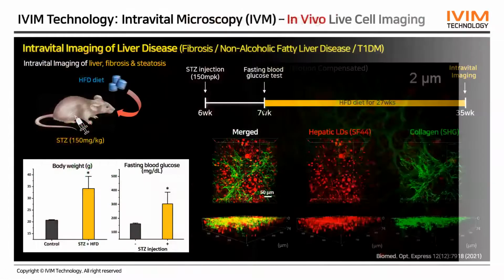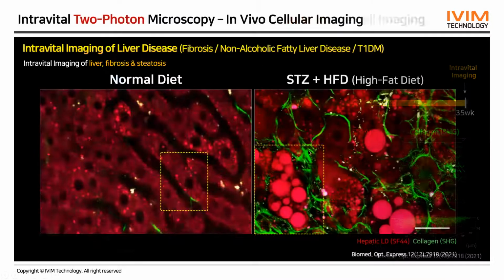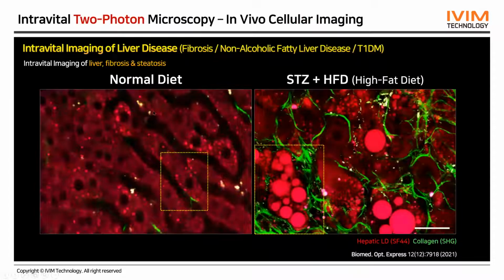This is another example. In this case, the fatty liver and fibrosis was induced by a high-fat diet for 27 weeks. As you can see, compared to the normal diet control mouse, you can see the increased hepatic lipid droplets in red.